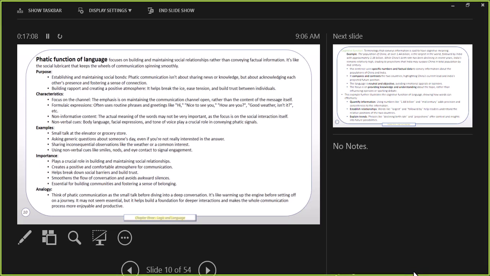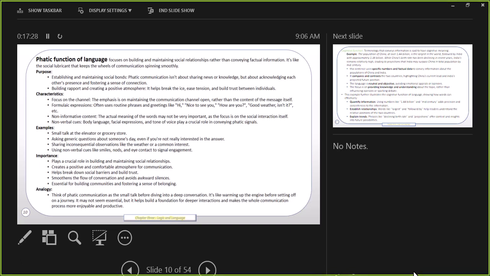Purpose: establish and maintain social bonds. Emphatic communication is not about sharing news or knowledge, but about acknowledging each other's presence and fostering a sense of communion. They focus on the channel and formalistic expressions, non-informative content, right? Asking generic questions, sharing inconsequential observations.